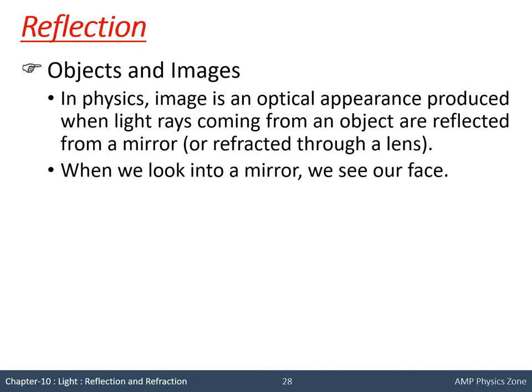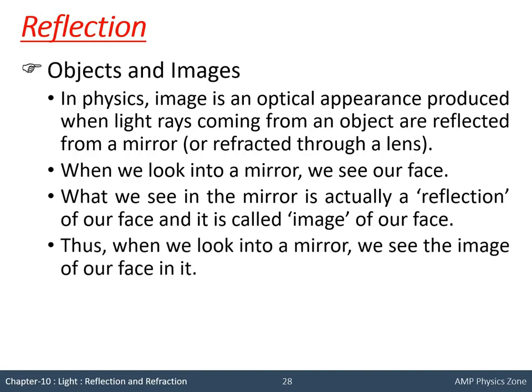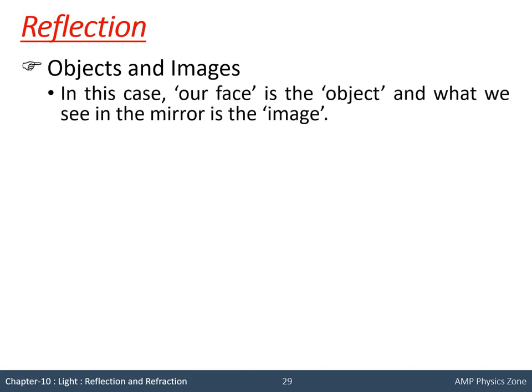When you are looking into a mirror to see your face, in the mirror we see the reflection of our face, which is called the image of our face. So in this case our face is the object, and what we see in the mirror is the image of our face.